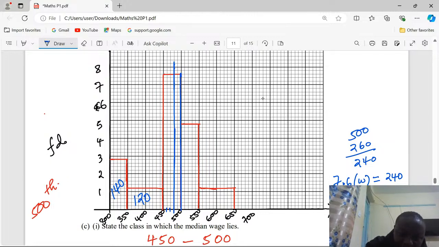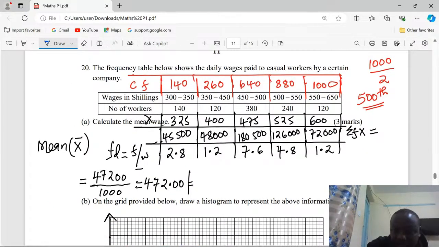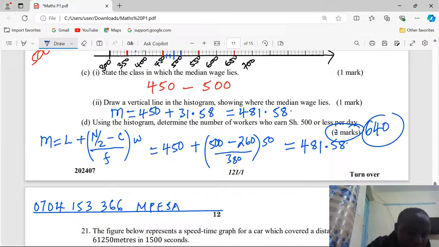So up to this class, there are 380 people in this class, according to the frequencies. Therefore, we will add 140 plus 120 plus 380, and that is going to give us 640 people. So for this question, we will have 640 people.